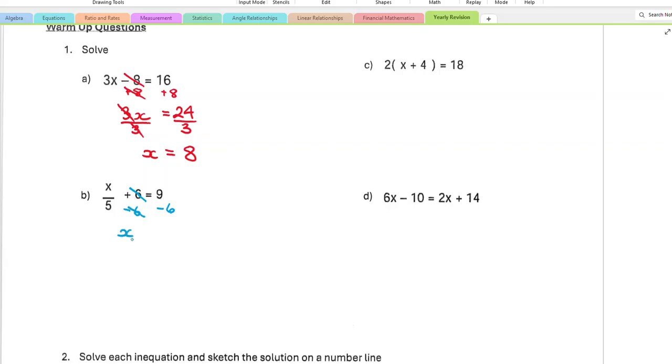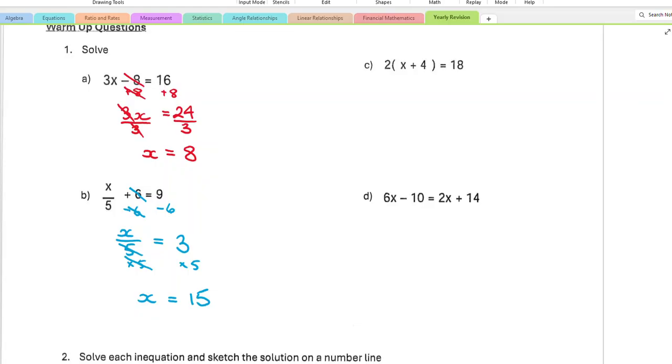That will leave x over 5 on the left-hand side. 9 take away 6 is 3 on the right-hand side. Then you want to do the opposite of dividing by 5, which is to times by 5. That gets rid of the 5 now. X is now all on its own.